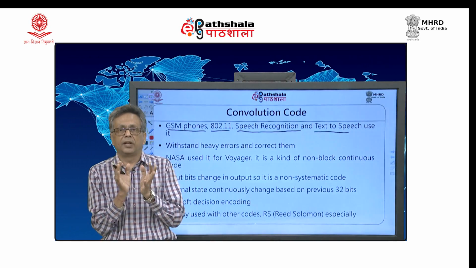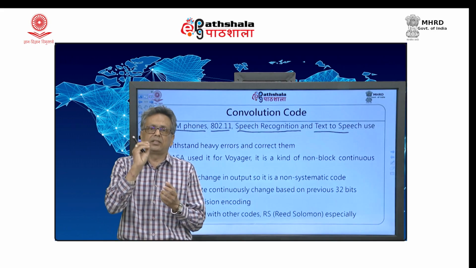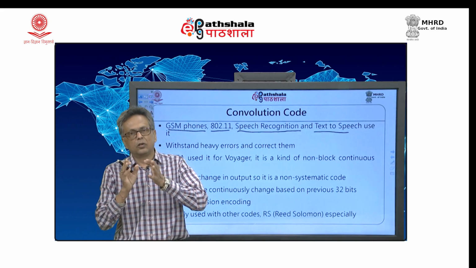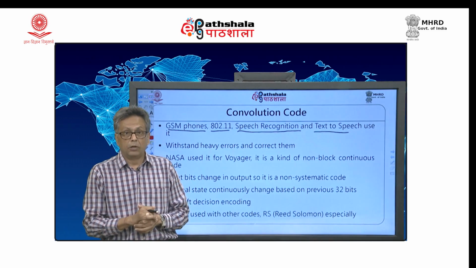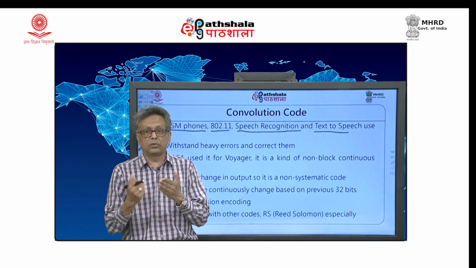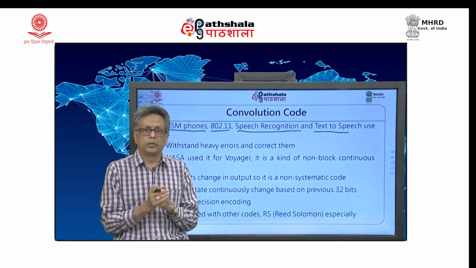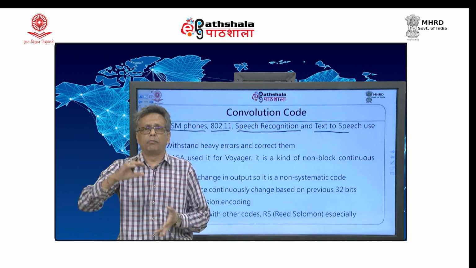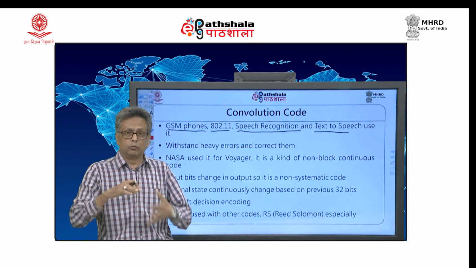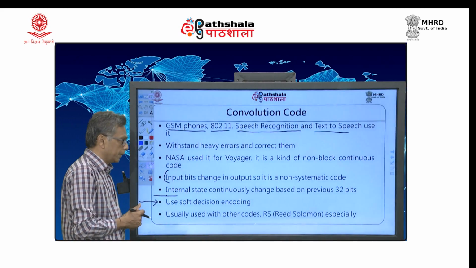That is the kind of information that is available to me. It will not hard decide that it is 5, it will let it go and let the receiver decide, kind of a strategy. Because as I said, sometimes there is heavy noise and it converts -5 into 4.5. If you do hard decision coding, you forget that, you miss that. Here you won't. So, that is the power of convolution coding.